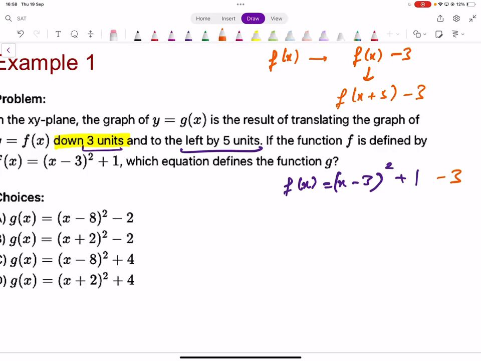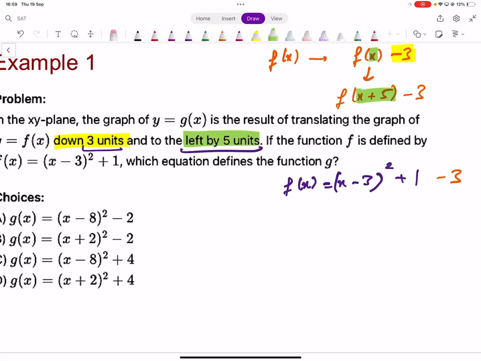So now let's talk about brackets. This was vertical, that we understood. You wrote x minus 3 outside of it. In left-right, horizontal transformation happens, right? That means you have to change x. You have to replace x with something else. So in place of x now, we have x plus 5.